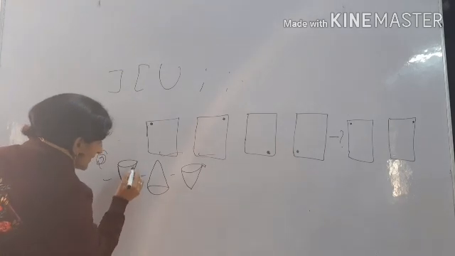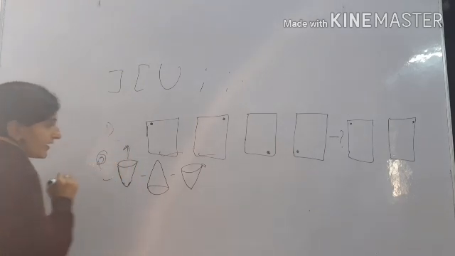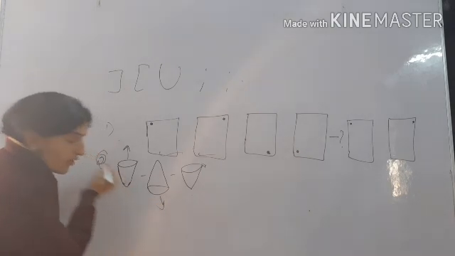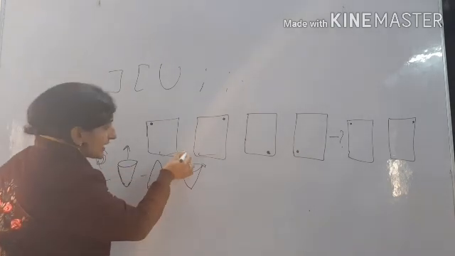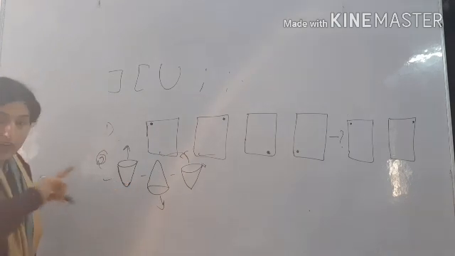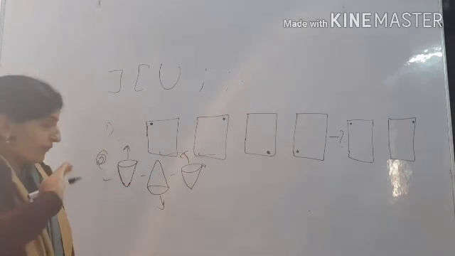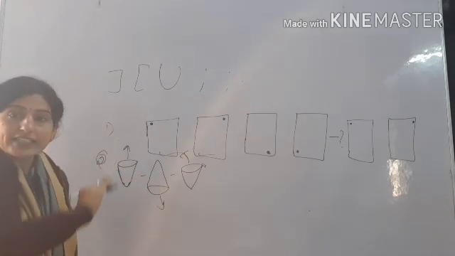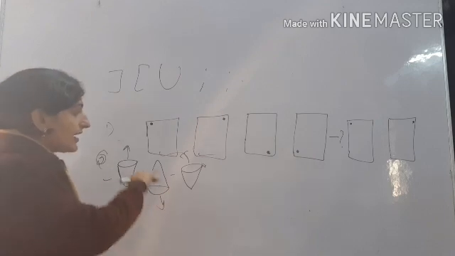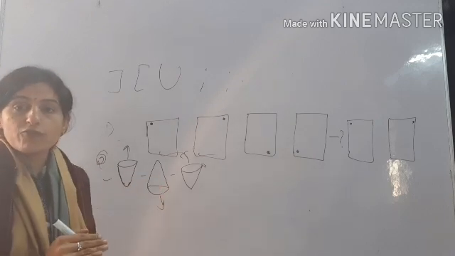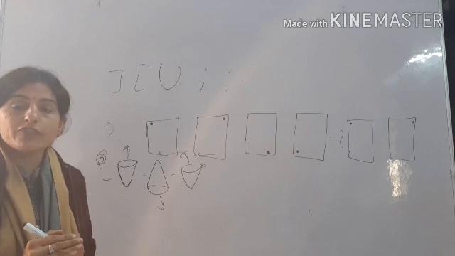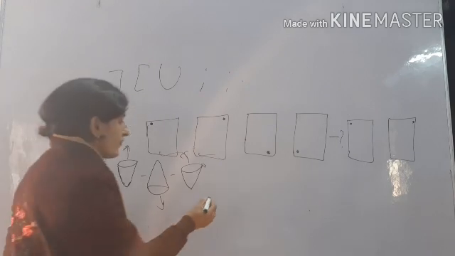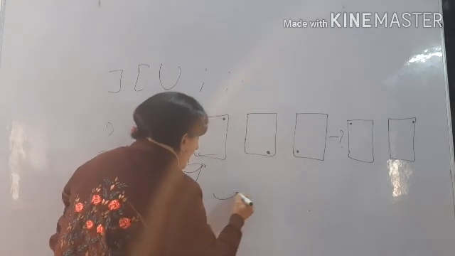The cone's face is upward. In the second it is downward. In the third it is upward. Means one time it is upward, then in the second it is downward, in the third it is upward. Then in the fourth, what will it be? Obviously in the fourth it will be downward.